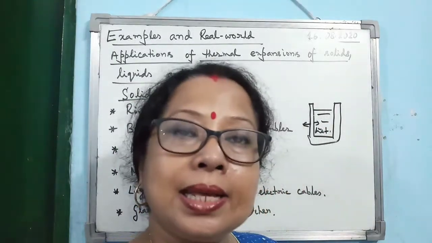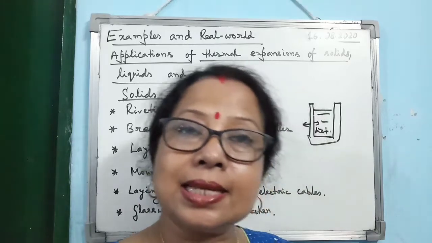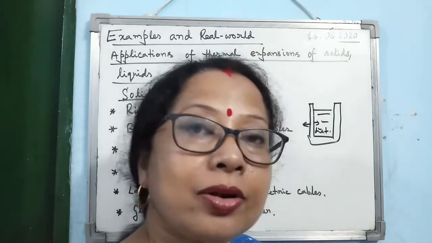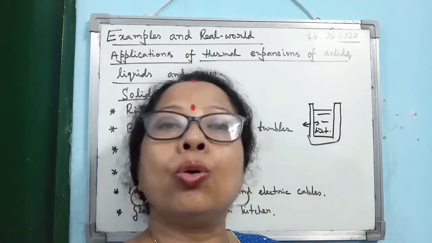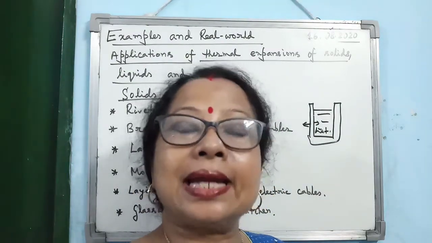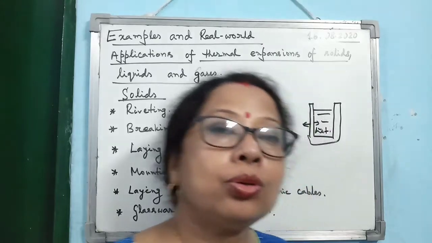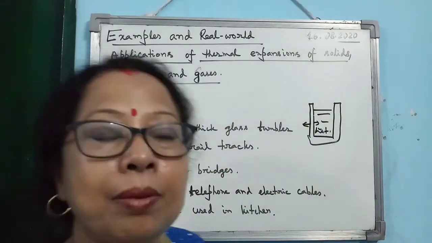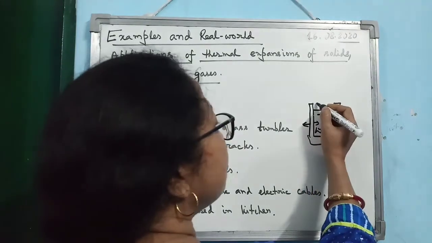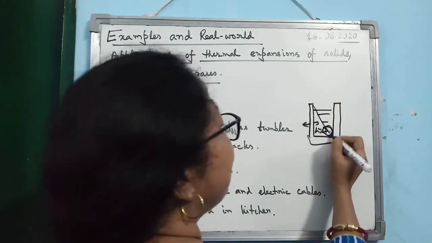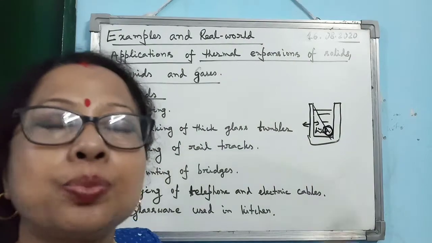So what is happening? The inner surface suddenly is increasing, its volume is increasing, and the outer surface is trying to remain in its own volume. So due to that a stress develops, and due to which the tumbler breaks or a crack develops. Now, how to overcome it? You just keep a metallic spoon within it.